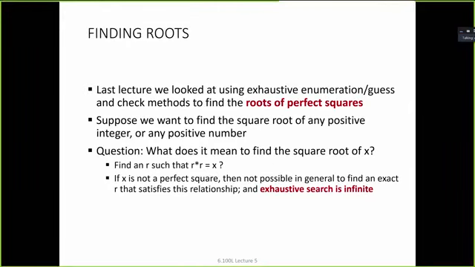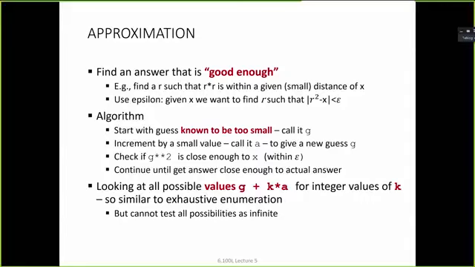What does it mean to be good enough, right? Suppose we wanted to find this approximation to the square root. The guess and check was not able to do this for us, but the approximation method can. So what we're asking for, can we find a root such that that root times itself is equal to x, right? And we're going to do this such that we have a good enough approximation.